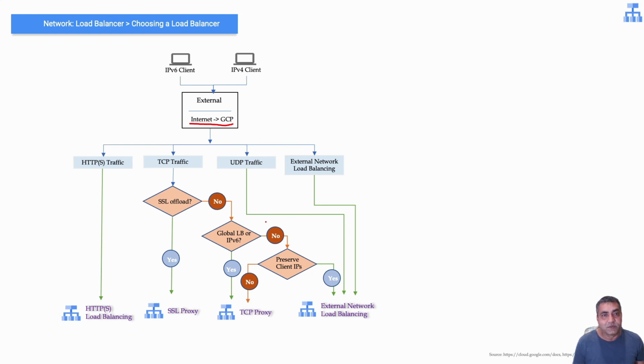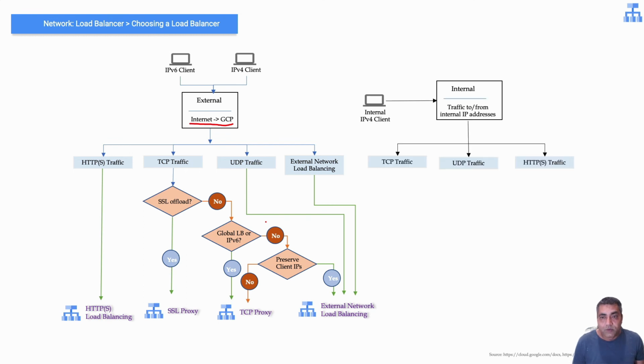Now, this was traffic coming to Google from outside. What about the traffic which is internal? Internal only supports IPv4. So it's internal traffic to or from internal IP addresses. Then it's either TCP traffic, UDP traffic, or HTTPS traffic. If it is TCP or UDP traffic, you will use the internal TCP/UDP load balancer, which again only uses internal IP addresses.